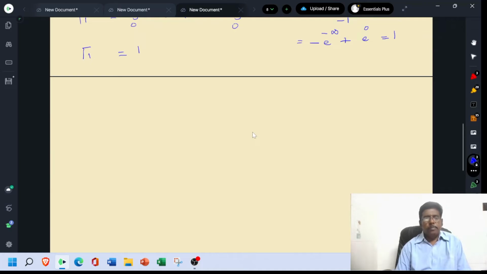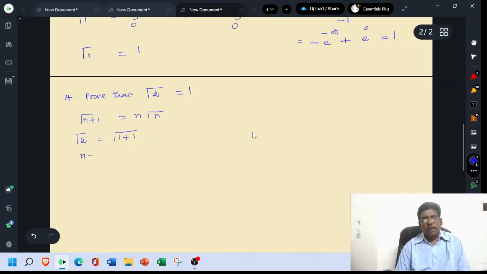Next proof, problem 4. Prove that gamma of 2 equal to 1. We know the formula gamma of n plus 1 is equal to n gamma n. Here gamma of 2 is equal to gamma of 1 plus 1.